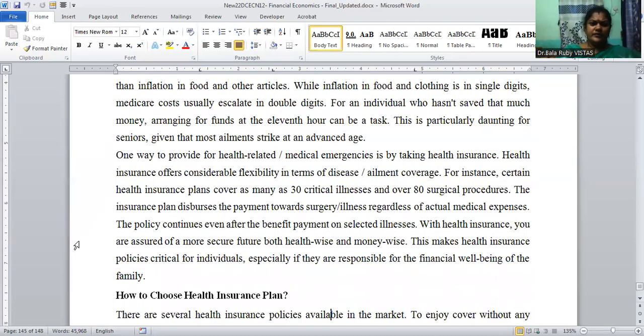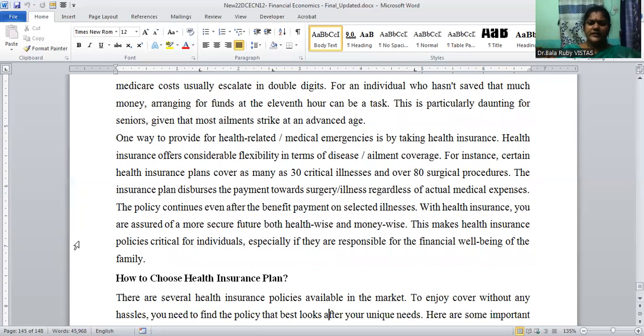So one way to provide for health-related medical emergencies is by taking health insurance. It offers considerable flexibility in terms of disease. For example, certain health insurance plans cover as many as 30 critical illnesses and over 80 surgical procedures. This type of plan disburses the payment towards surgery or illness regardless of actual medical expenses.